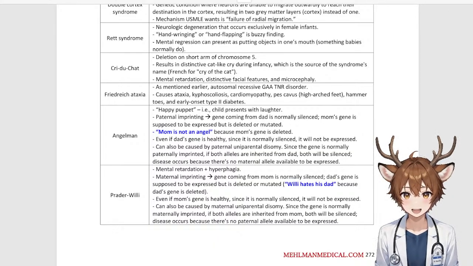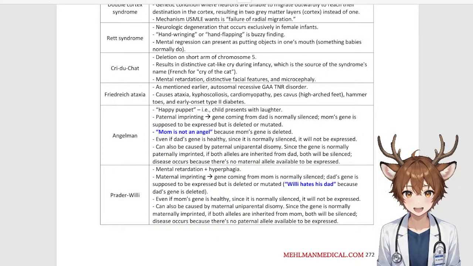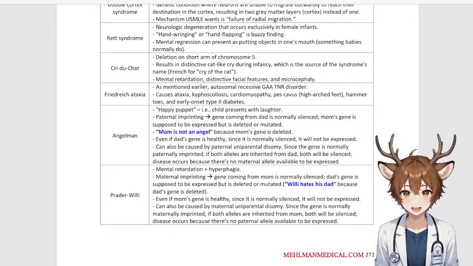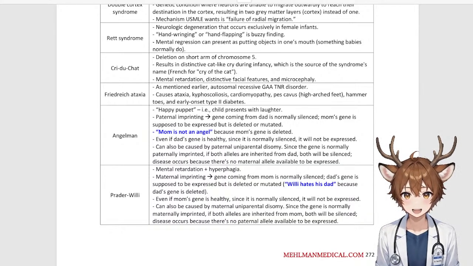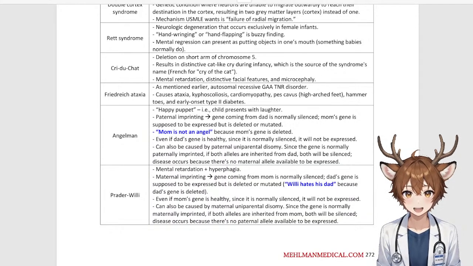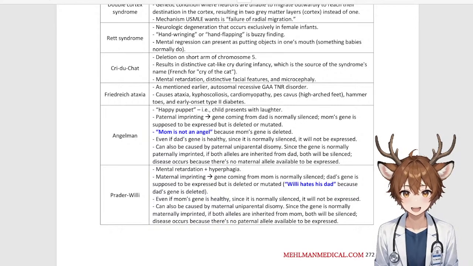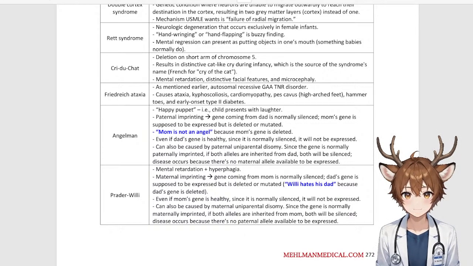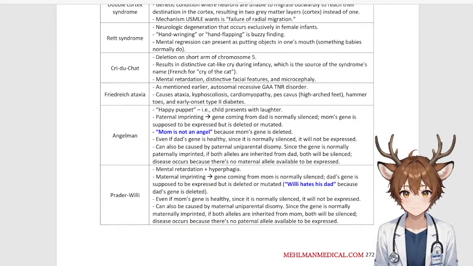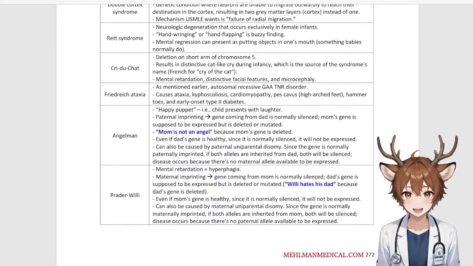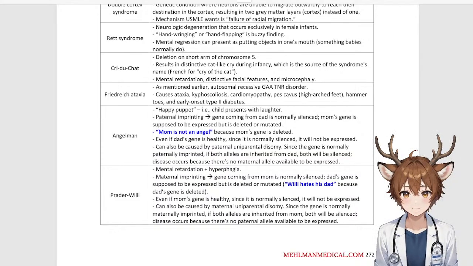Angelman syndrome, happy puppet, that is to say, the child presents with laughter. Paternal imprinting: the gene coming from dad is normally silenced, and mom's gene is supposed to be expressed but is deleted or mutated. Mom is not an angel because mom's gene is deleted. Even if dad's gene is healthy, since it is normally silenced, it will not be expressed.